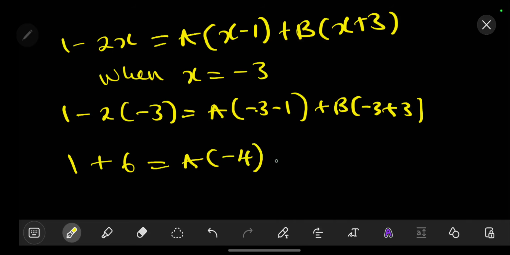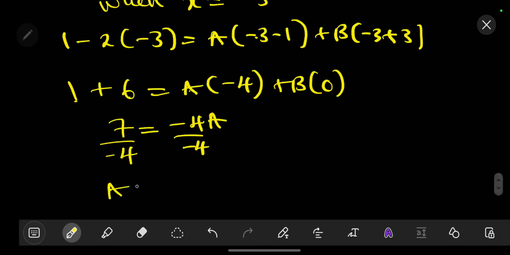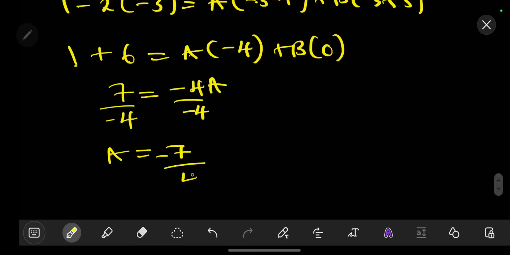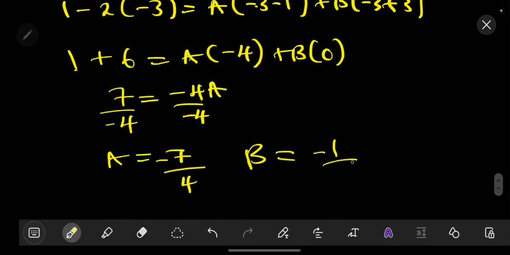Then we have a plus b, then we have 0 like that. 1 plus 6, it will be 7, should be equal to negative 4a. So we have a negative 4a, negative, we divide. So we have our a is equal to 7, we can just throw the negative up, so 7 over 4. Then we found our b was equal to negative 1 over 4.